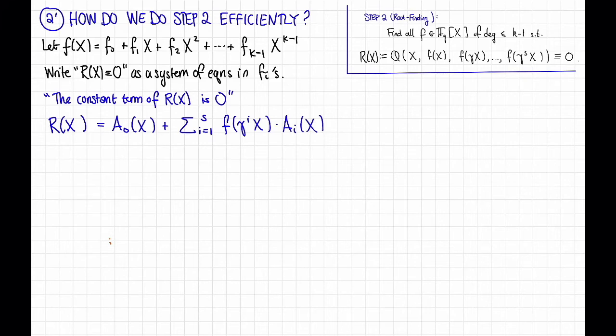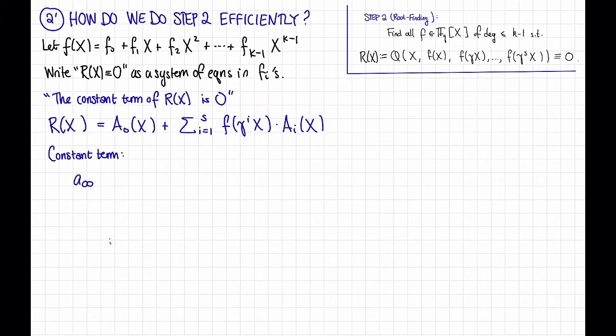This follows from the form that q takes and the definition of r of x. So what is the constant term of this polynomial? Well, it's going to be the constant term of this plus the sum of the product of the constant term of this guy and the constant term of this one. So let's write that as a0, 0.